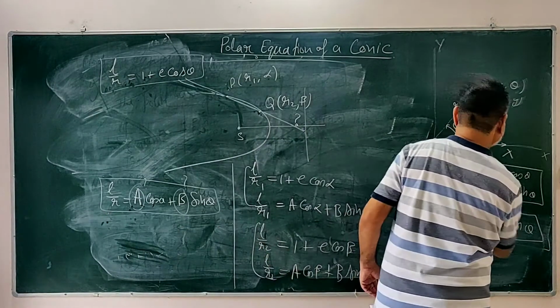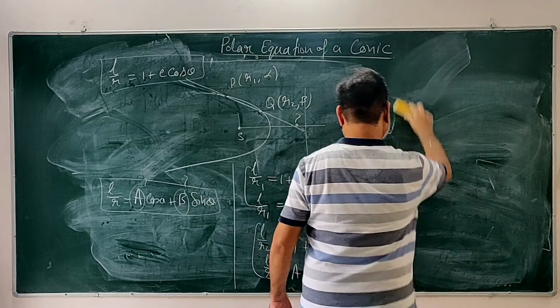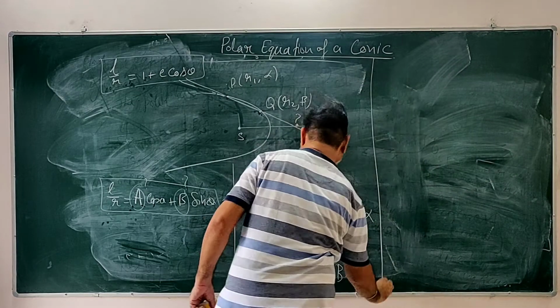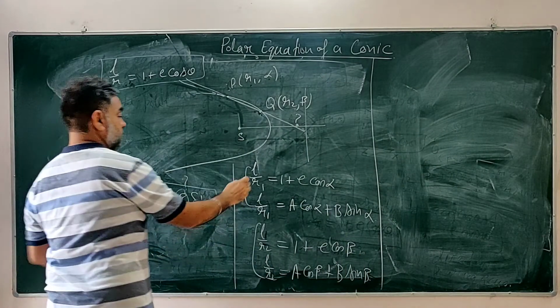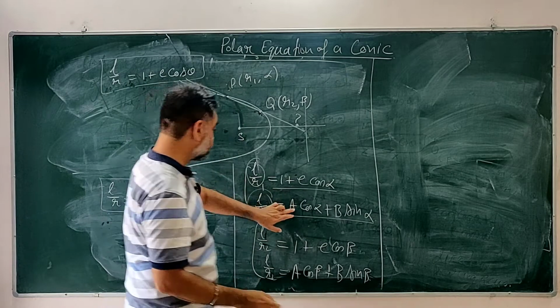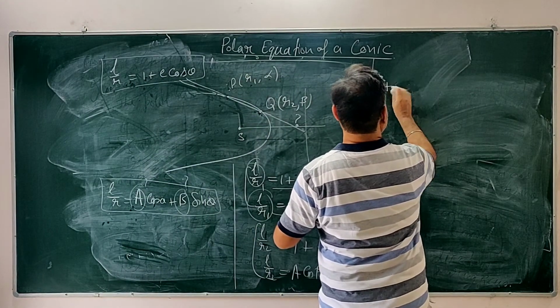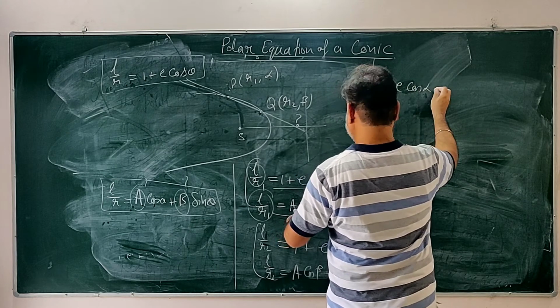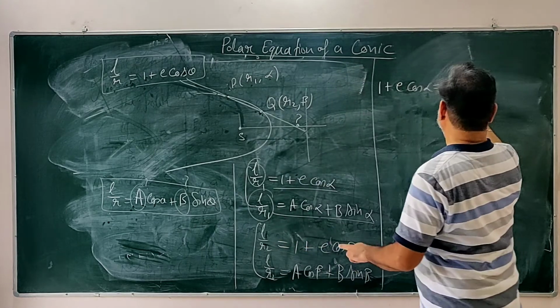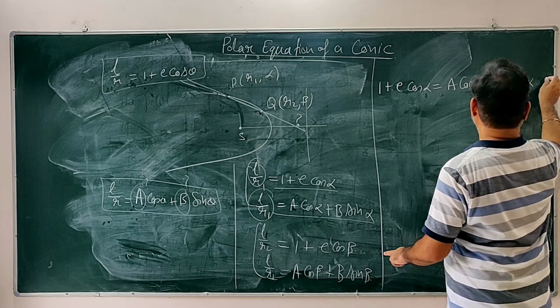Now this is equal to this expression and this is equal to this expression, so these two are equal. You get 1 plus E cos alpha is equal to A cos alpha plus B sin alpha.